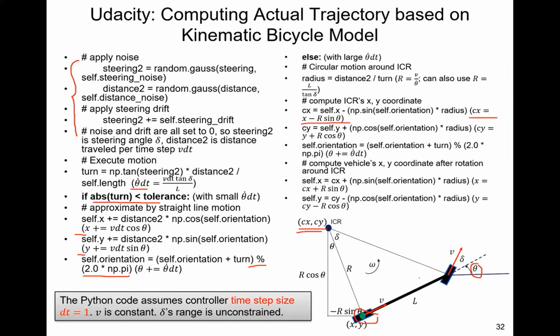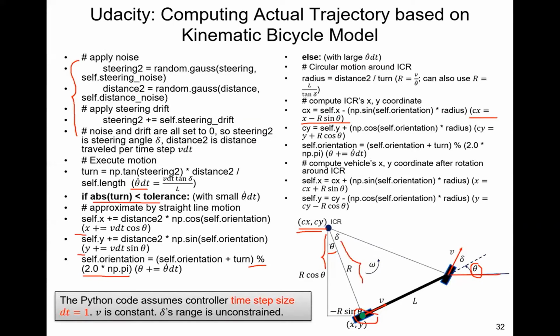Again, look at the angles. This particular angle here is theta because of the perpendicular relationship. This line here is perpendicular to the east horizontal line, and this line here is perpendicular to the vehicle length.